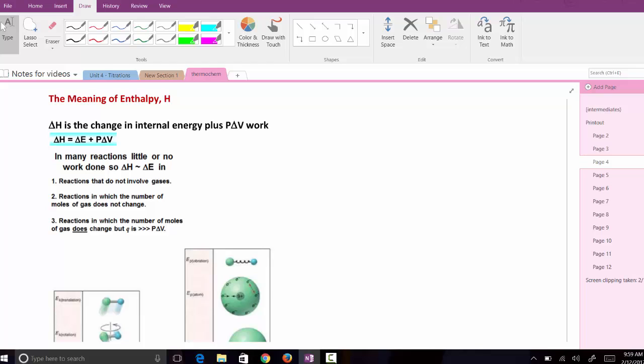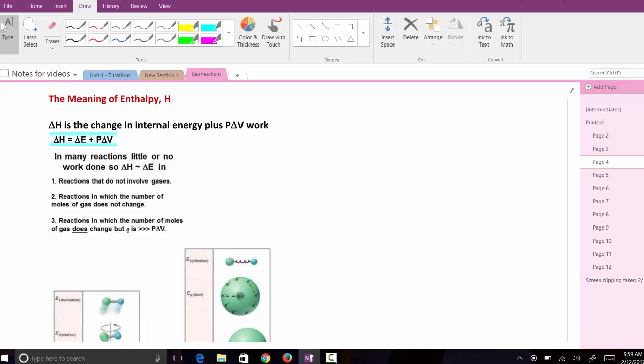If we are producing gases, the amount of work that those gases are doing when they're formed and pushing their way out into the atmosphere is really, really small. If we express it in joules, it's way out in the decimal places, and so it's not really significant in most cases. It's not significant compared to the amount of heat that is absorbed or produced during the reaction.